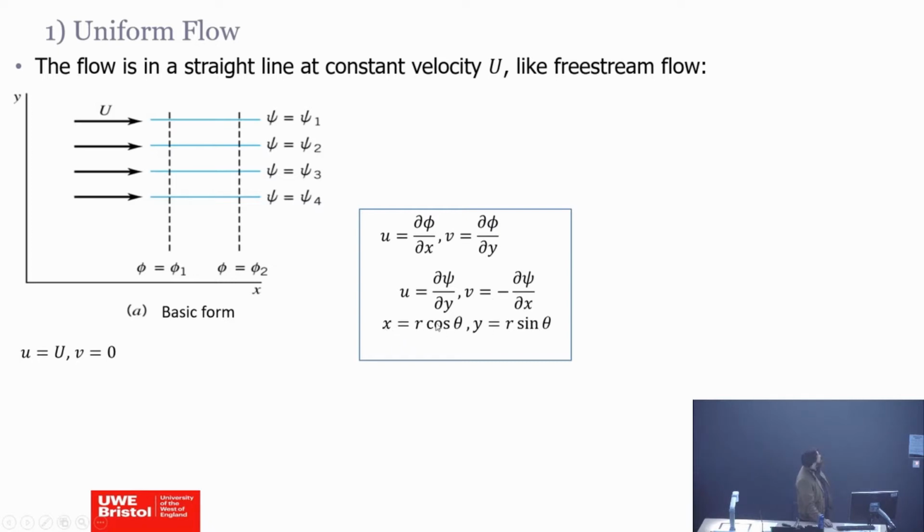This here is basically the polar coordinates. So if I go from the Cartesian to polar, then x becomes r cosine theta and y is r sine theta. So I'll just show you very quickly. If you remember that u is capital U, v is 0, let's get phi and psi. So let me do that very quickly on the board.